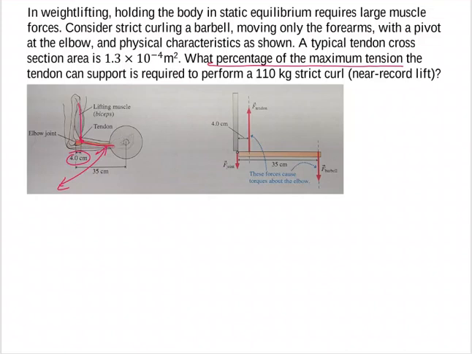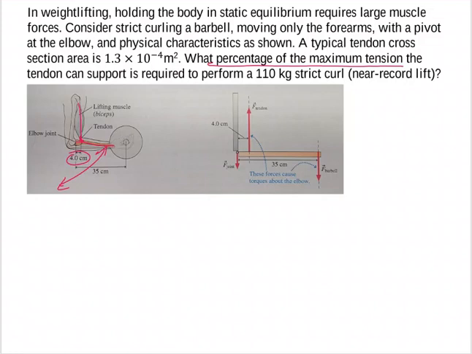You can feel that when you're curling, or if you take your forearm up and flex a little bit, you can feel that tendon coming down and connecting to your forearm, 4 centimeters away from the end of your bone.